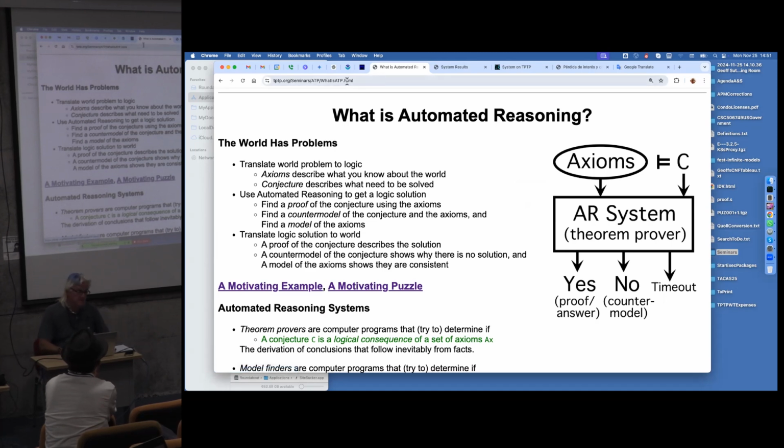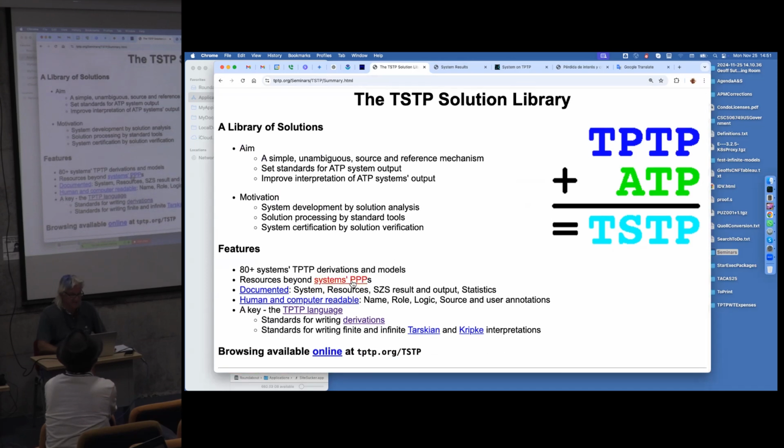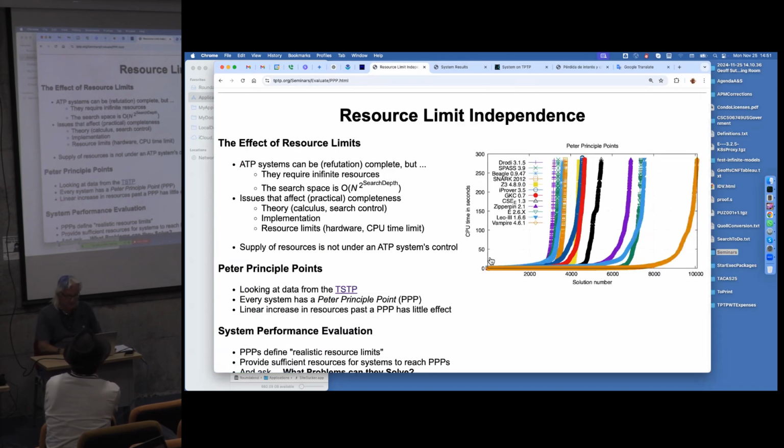It turns out giving more time is not a good idea, because here's a plot of what happens. This is time in seconds. So here is 5 minutes. 3 minutes is about here. One line is one piece of software for solving problems. You see, it solves many, many problems. It solves very quickly, 1 second.